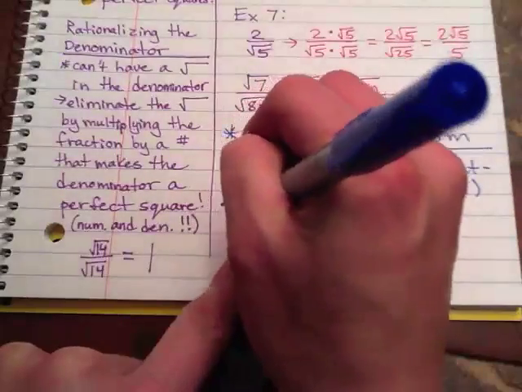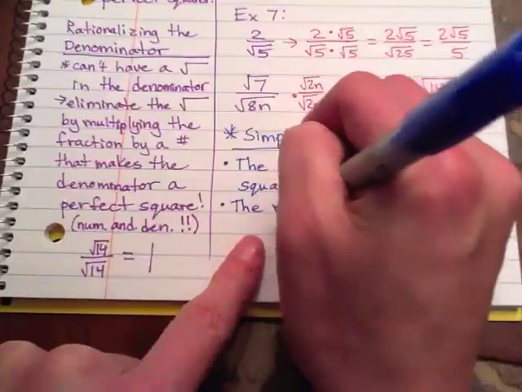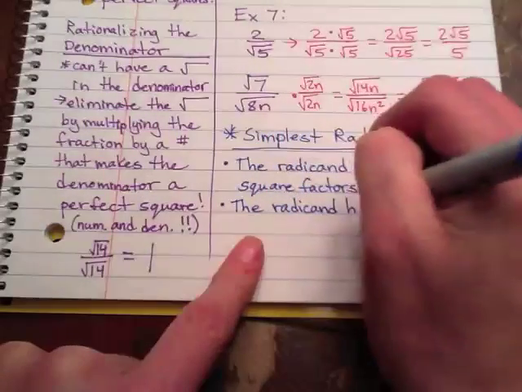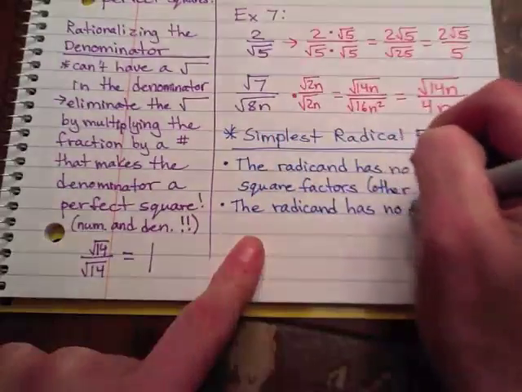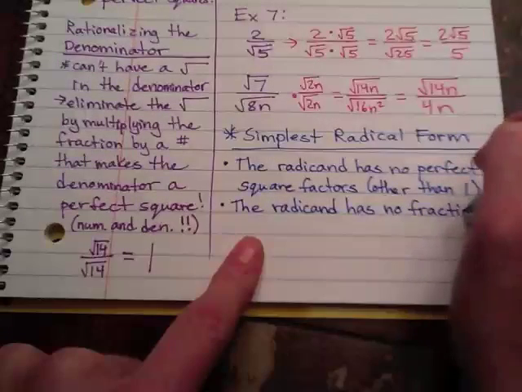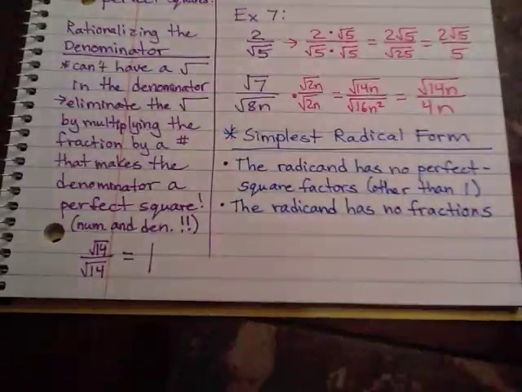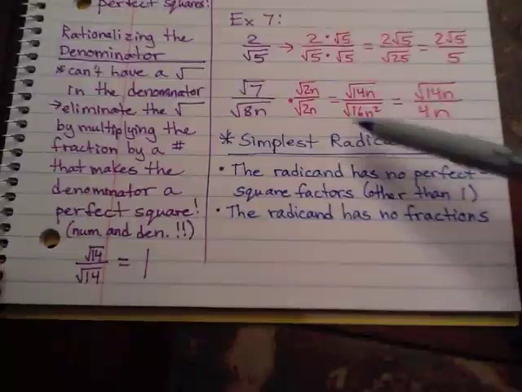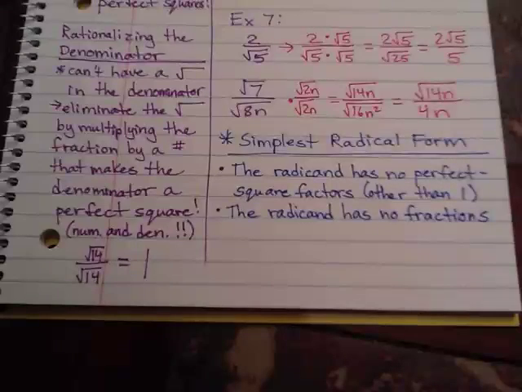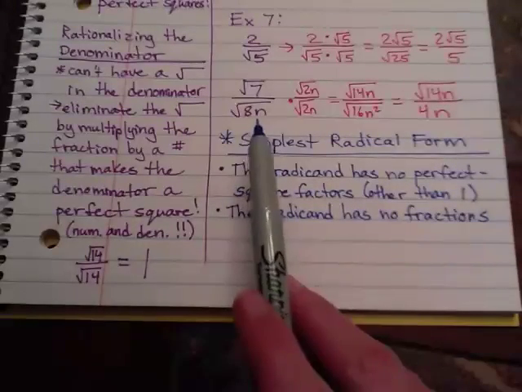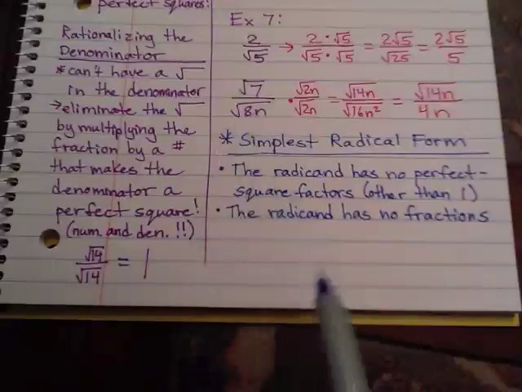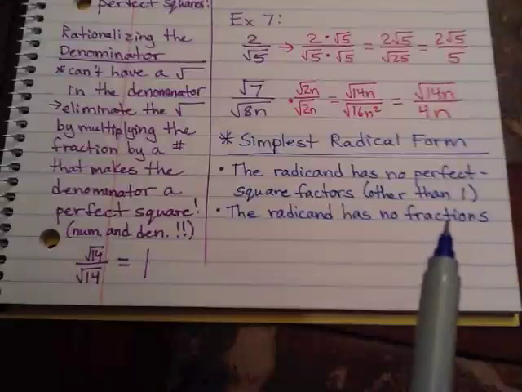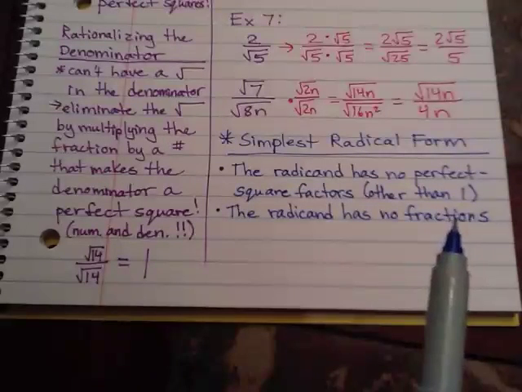When the radicand has no fractions. Because you always want to look and break those down individually. The answer can be a fraction. It's just your radicand shouldn't have a fraction within it, because then you're back to this rule of having a radicand in the denominator.